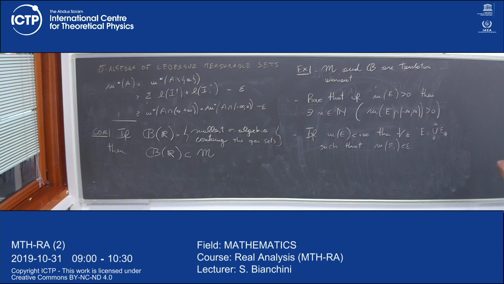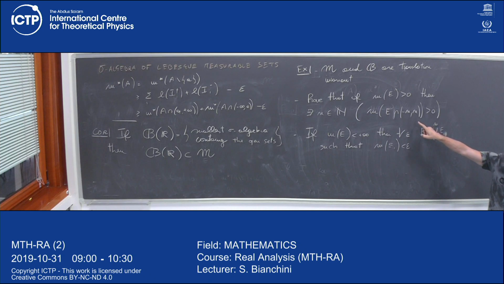From now on, we use the measurable sets. You can have some similar statement for M star. But from now on, we use the measurable sets. The non-measurable sets, they do not exist, basically. Question here? Okay, this one is easy, but let's say this one.